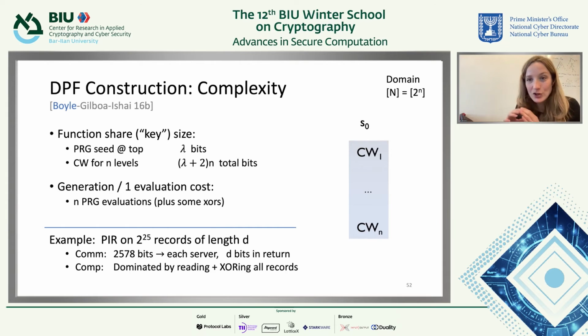This is the size of each key, and each server will send exactly D bits in return. The computation here, what's kind of cool is that actually the computation of the DPF, this evaluation, is cheap enough that the computation cost is going to be dominated by even just the cost of reading these values and XORing the records. So this is kind of an exciting case where the cryptography itself is not the bottleneck.